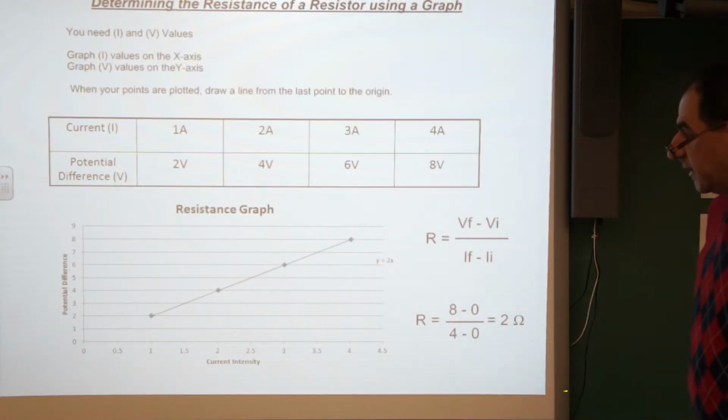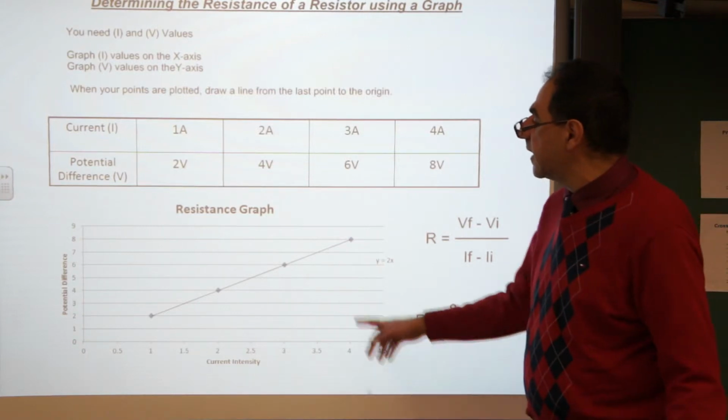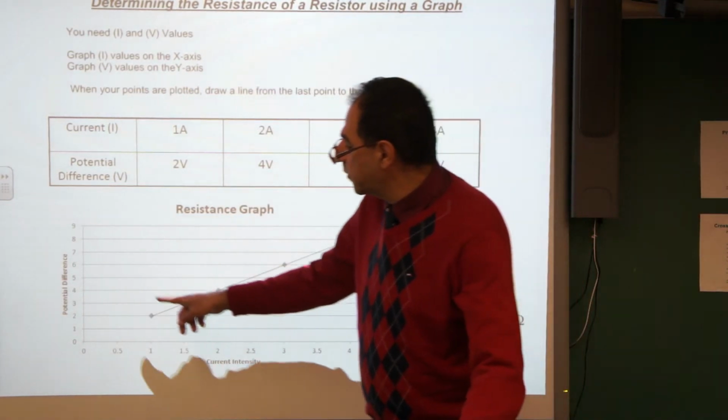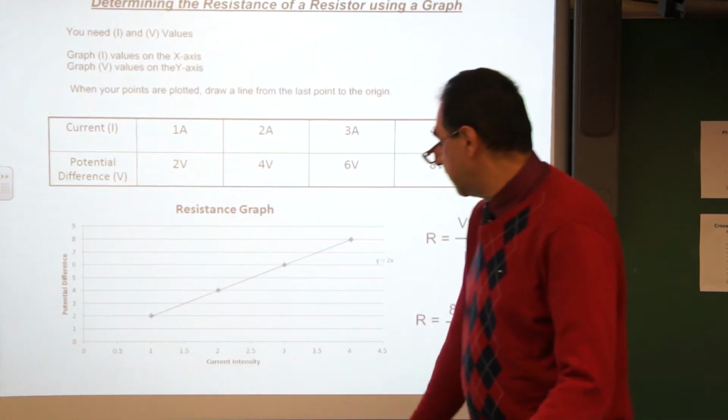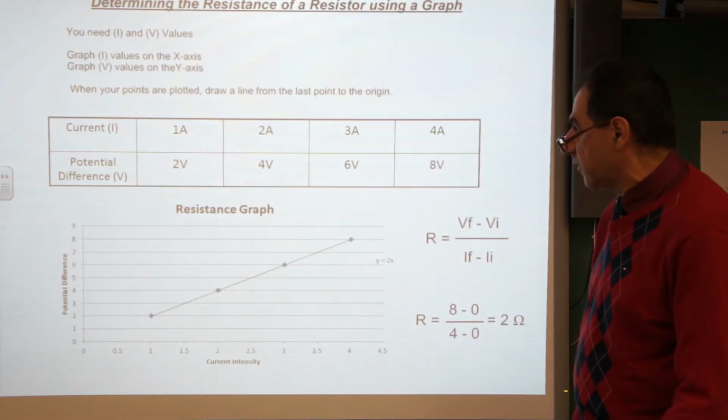Important also is that since V equals IR, R equals V over I, and oftentimes you could plot a resistance graph by plotting potential difference versus current, which is a linear relationship going through the origin.